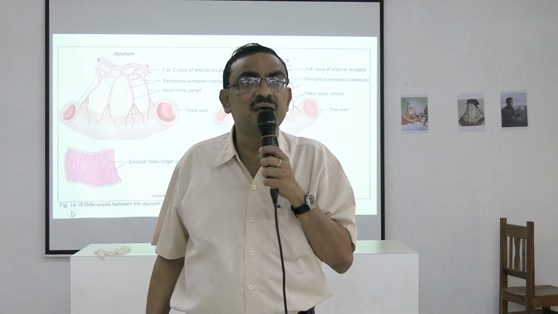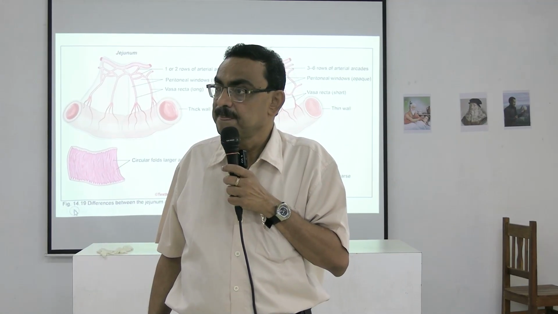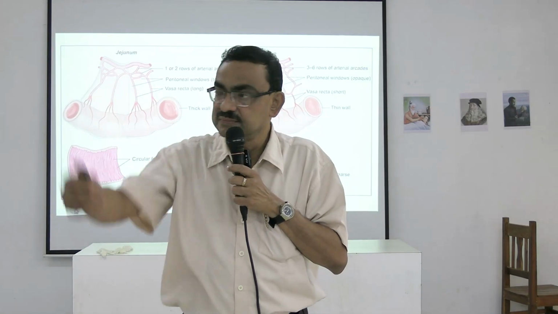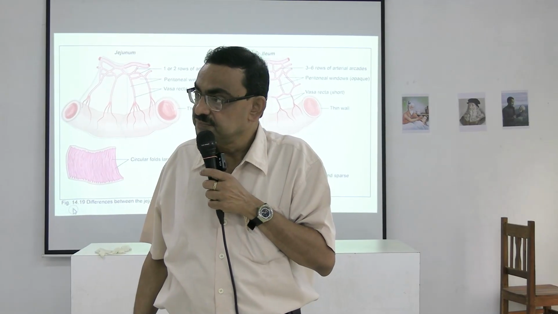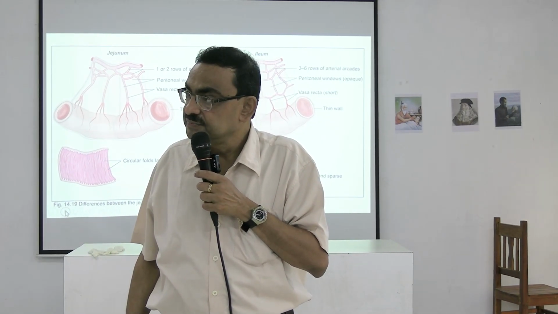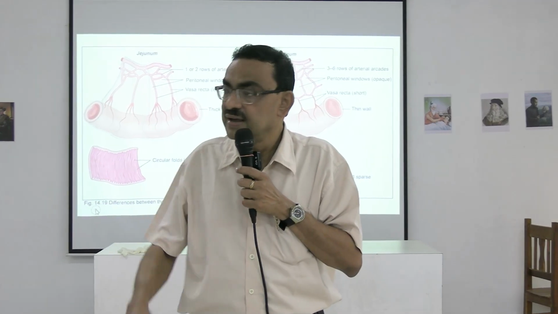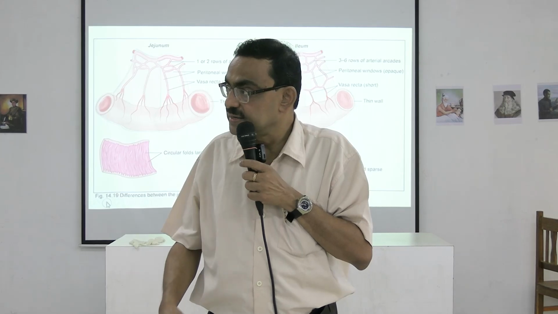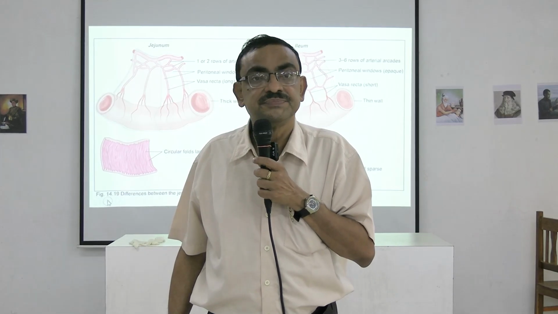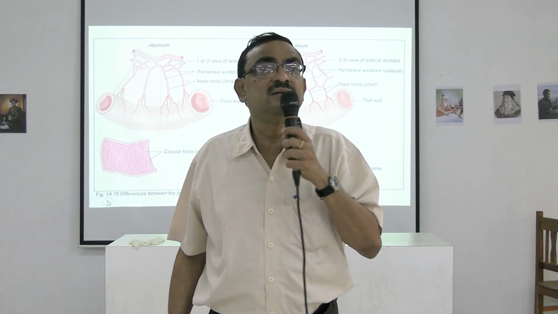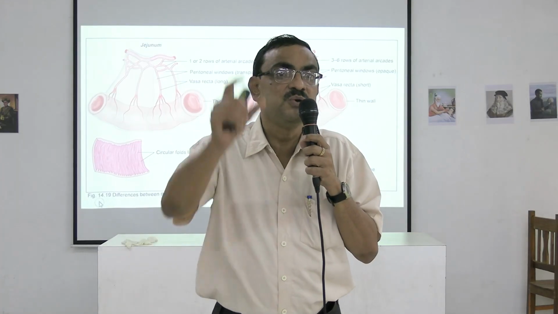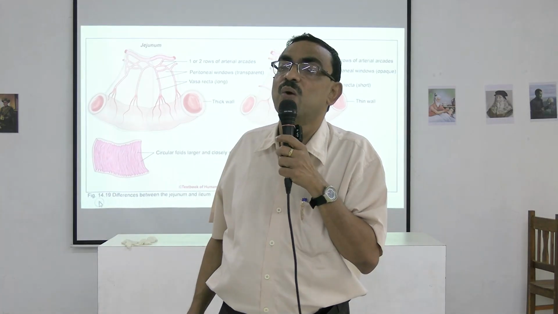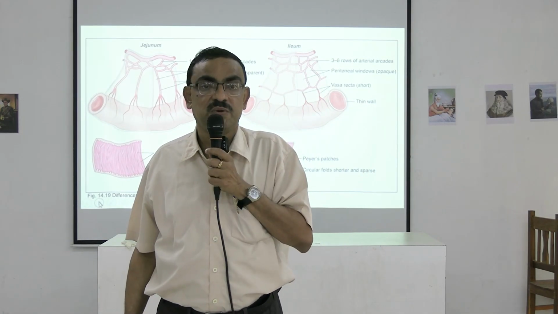As per the vascularity, the more vascular part is the jejunal end, and the less vascular or paler part is the ileal end. Now there is one term which is called the peritoneal window. What is meant by the peritoneal window?